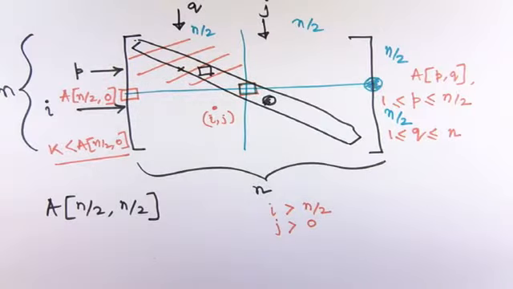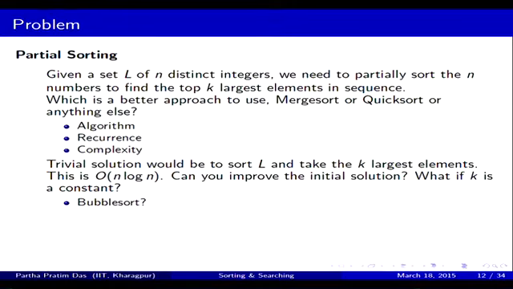if k is not a constant, then what can we do? K is a function of n. Go for a max heap.